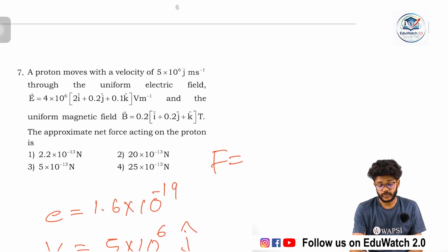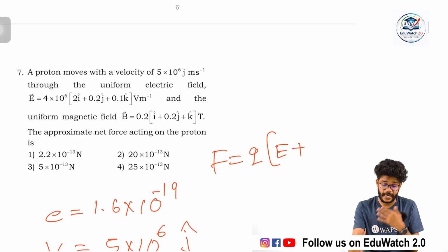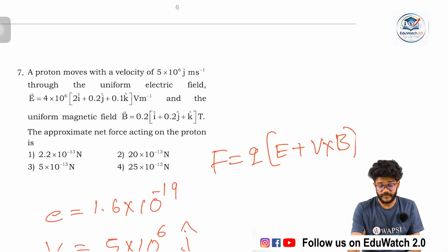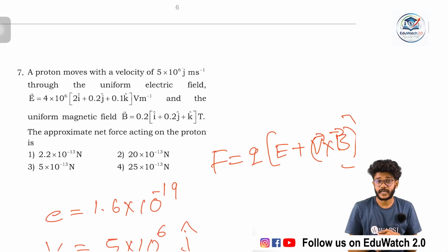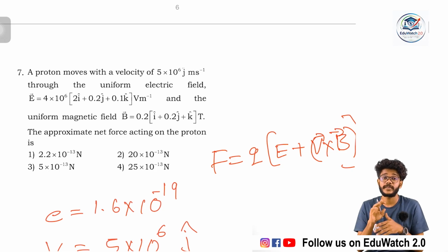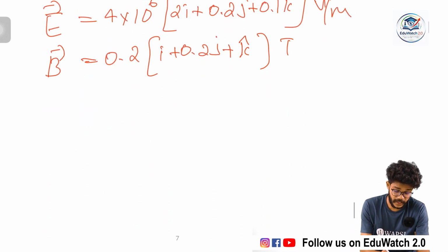F is equal to q into E plus, that means the force given by the electric field, and the force given by the magnetic field is V cross B. Since E has a direction, B has a direction, and V has a direction, we want to take V cross B, that means the cross product between velocity and magnetic field.